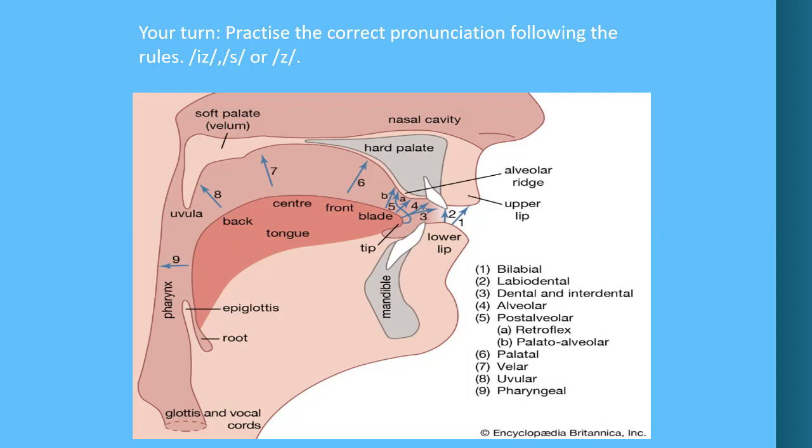In the case of "iz", the sibilant sound, what we actually do is take the tip of our tongue towards the roof of the mouth, and then we push a small amount of air through the tongue to make that hissing sound.